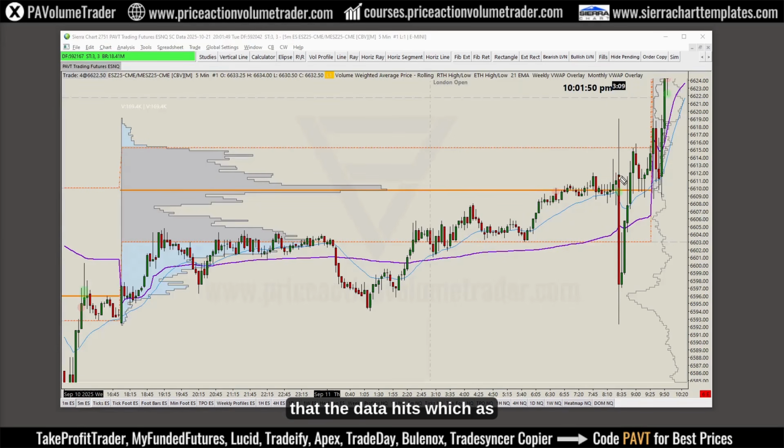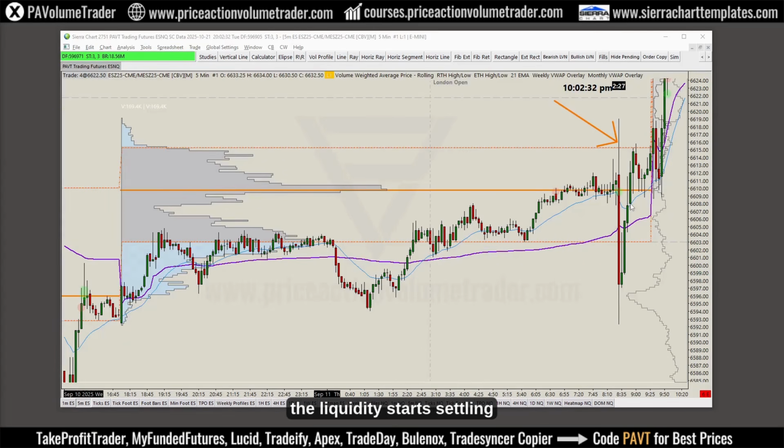And the second that the data hits, which as you can see happened right here on this 8:30 a.m. candle, this is a 5-minute chart on ES, then you get a huge injection of liquidity, algorithms starting to execute and place and pull and add a ton of orders, and then you get these really violent, volatile moves because, again, there's not that many orders resting on the book. So the first move is always going to be a very violent move with a very big range.